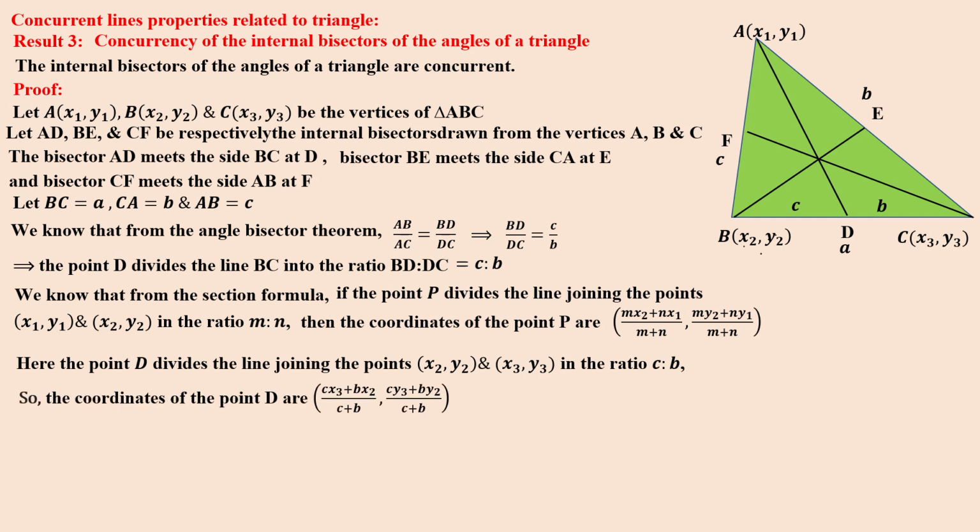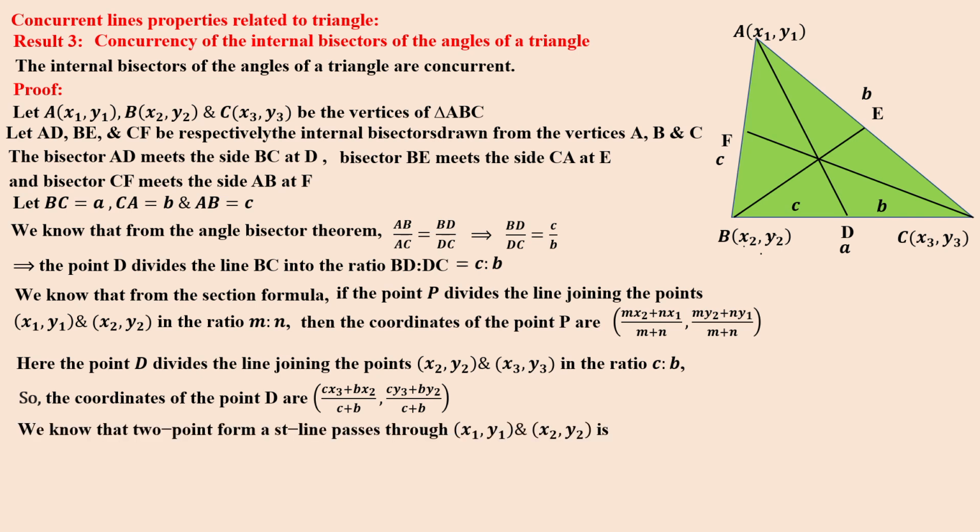Using the section formula, instead of m you have c and instead of n you have b. So the coordinates of D are (c x3 plus b x2 by c plus b, c y3 plus b y2 by c plus b).